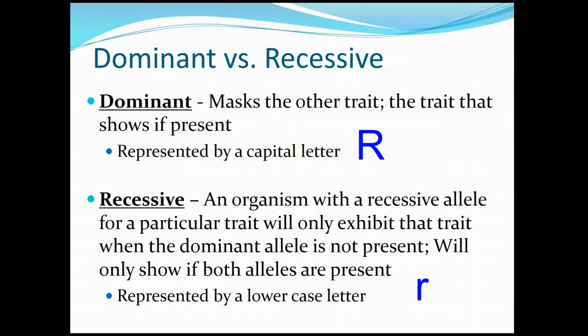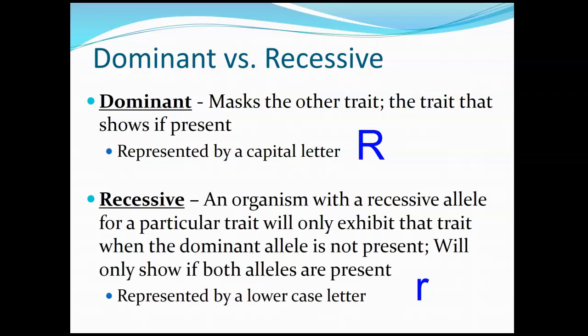With some alleles, there are dominant and recessive traits. The dominant is always written as a capital letter, and it will hide the recessive trait. For instance, here we see that a capital R is dominant and a lowercase r is recessive, and a recessive allele will not show in the child if there's a dominant trait.